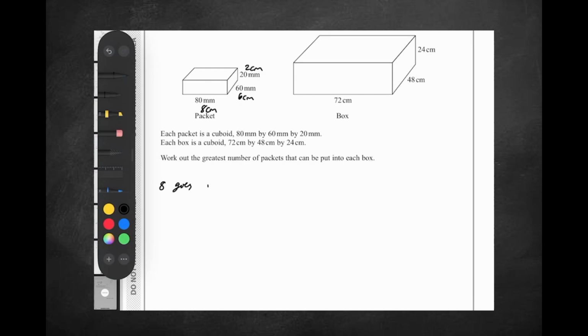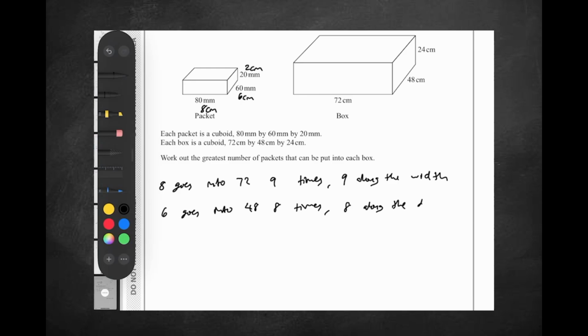8 goes into 72 9 times. So we can get 9 along the width. Then 6 goes into 48 8 times, so 8 along the depth, which is along here.